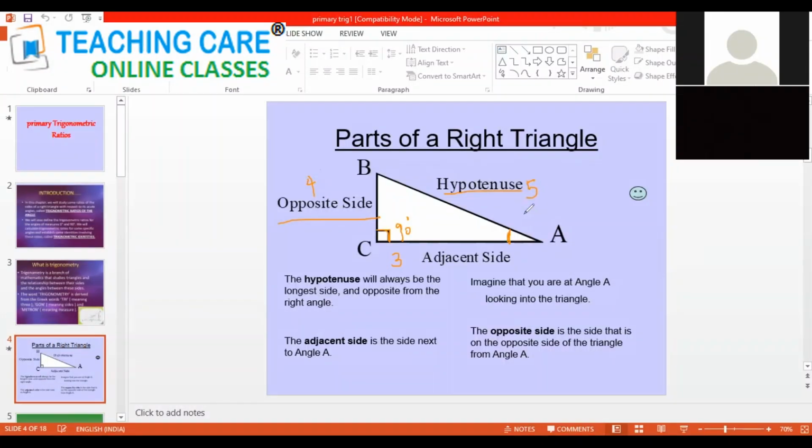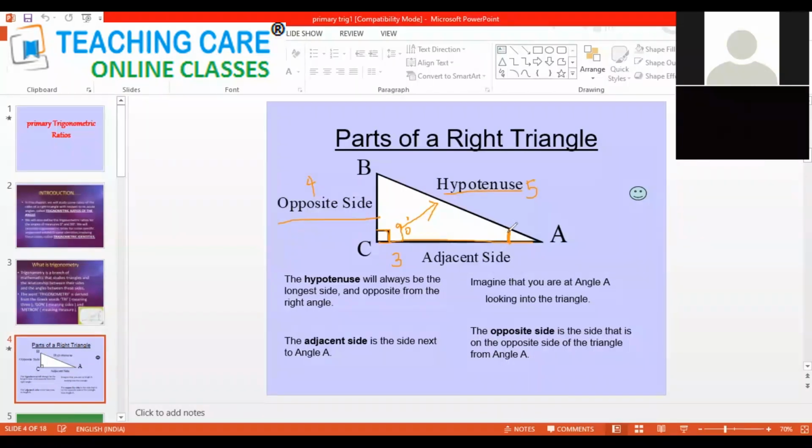Always keep this in mind while doing problems. If they ask you to find the side AB, that is the hypotenuse, you can check your answer, since it will always be the longest in length. So the side opposite to the right angle is the hypotenuse, the side opposite to your angle is the opposite side, and the base is the adjacent side.